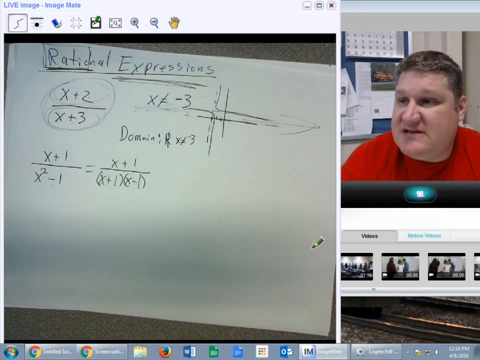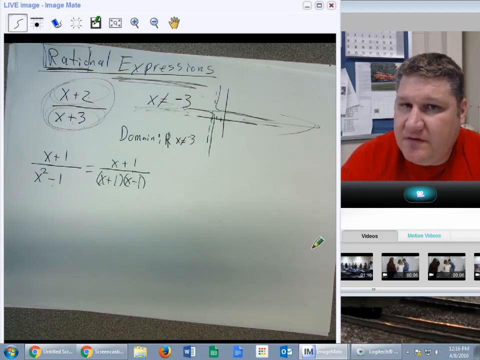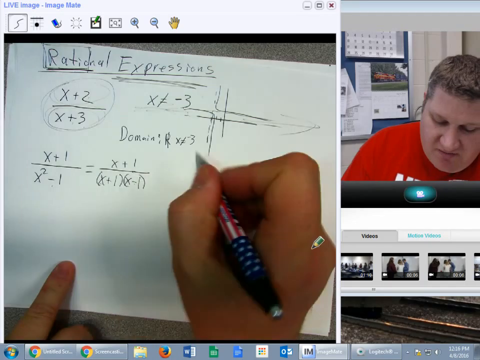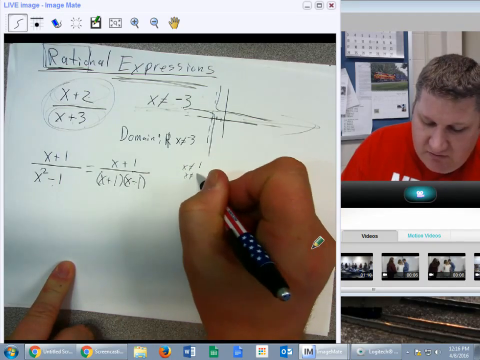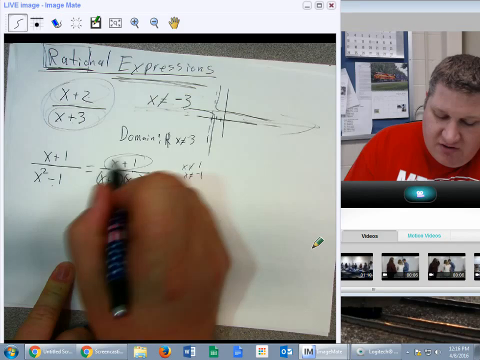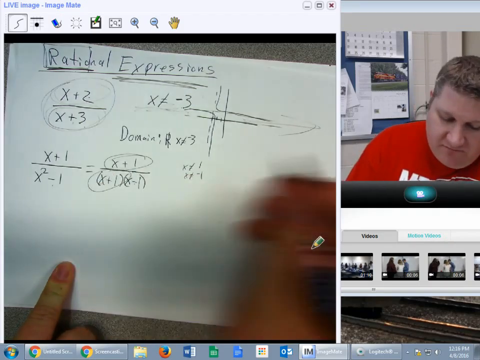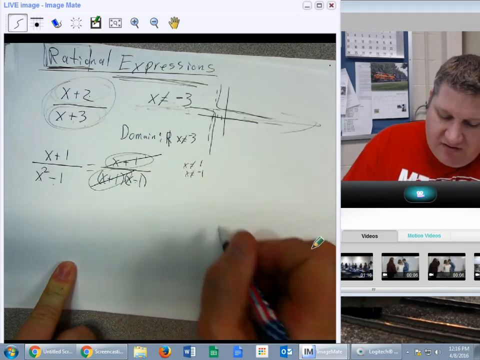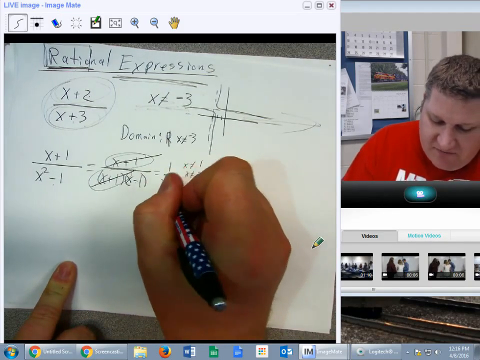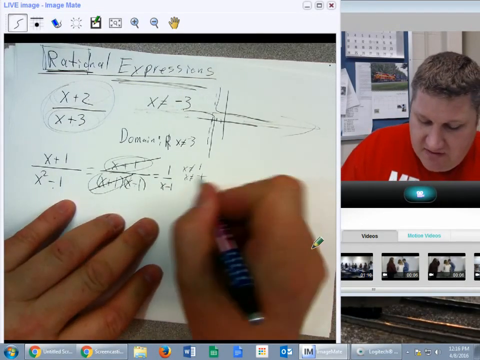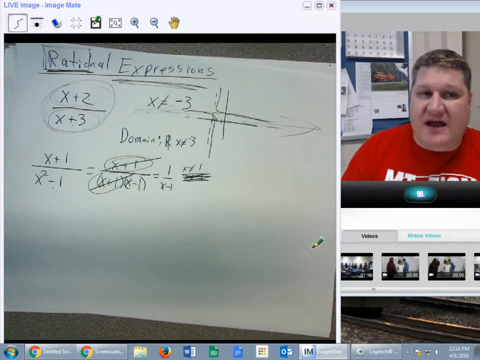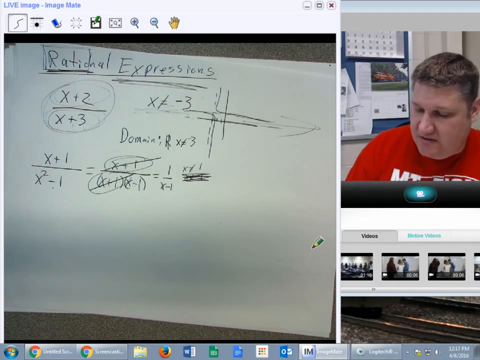Does anybody notice anything before I go on? Take a look, folks. Normally we'd say, hey, x can't equal 1, x can't equal -1. But what do you notice about this piece and this piece? Cancel them out. Now I'm simplified, left with this. So what's the only number x can't be? +1. We eliminated one of our problems, didn't we?